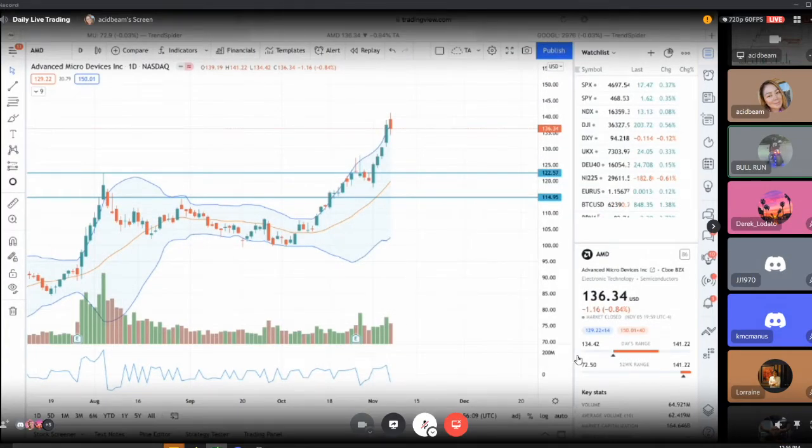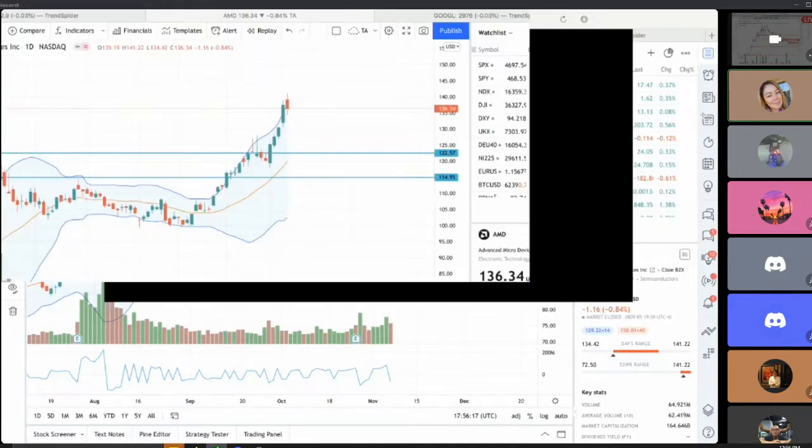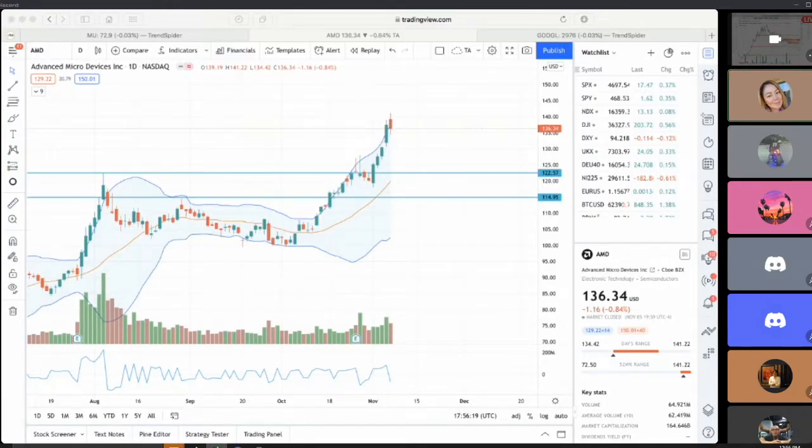Yes, and then they had another dark pool come in on AMD for 25 million at about noon for 139. It was 25 million at 139, during still the market hours. Yep, that was during market hours.